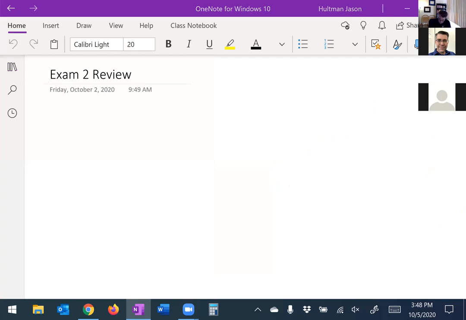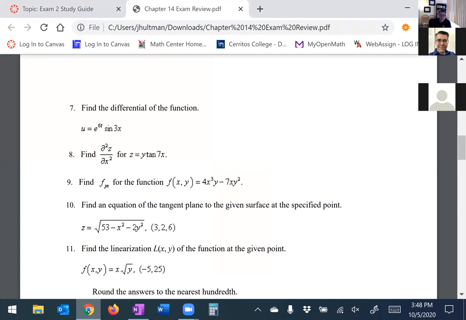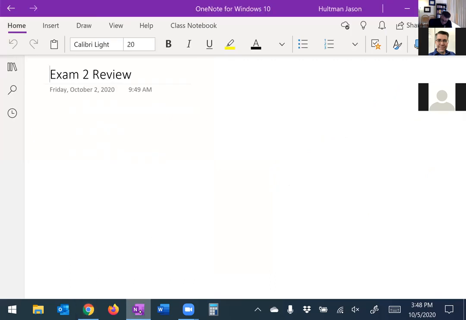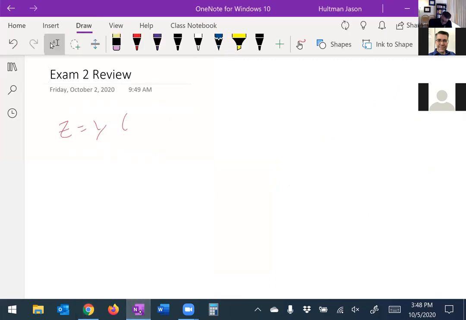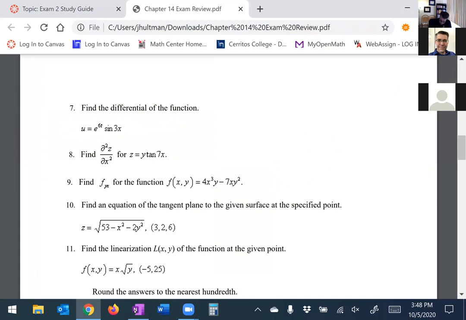Okay, so once again, that was z equals y tan 7x. We want to know the second partial of z with respect to x. Just take this with respect to x twice, partial of partial, okay?